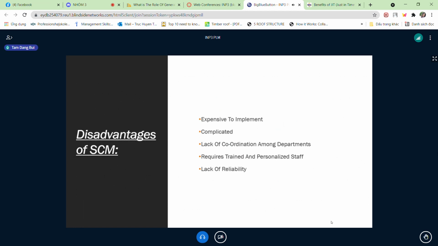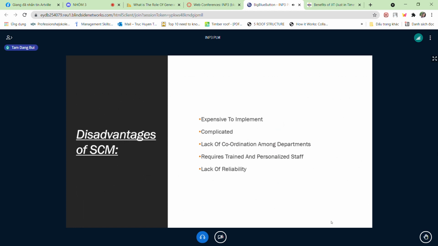But there are some disadvantages as well. It can be expensive to implement, since you have to find employees for this, and you may also have to install something like a conveyor belt.